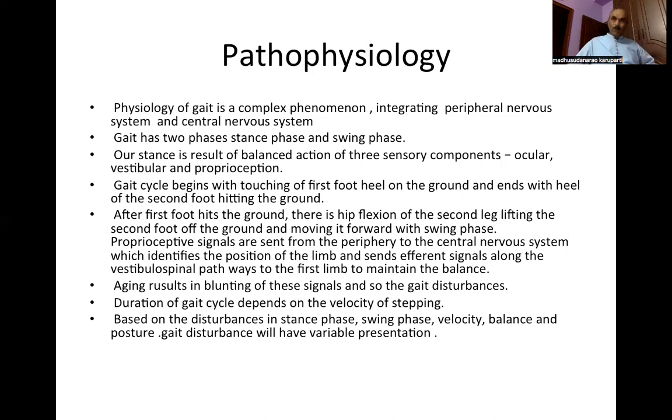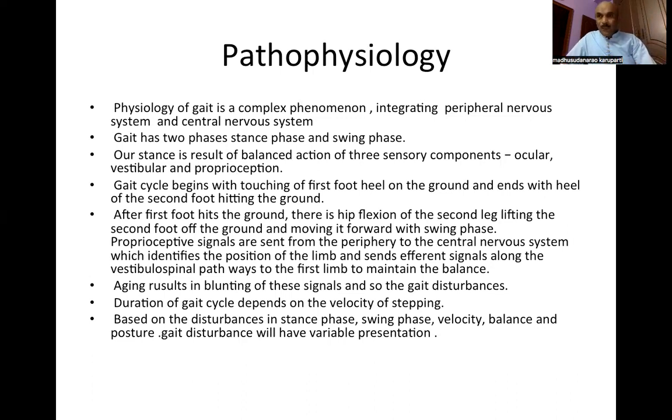And the sense of this movement is carried through the signals of proprioception to the higher centers, and a command is sent to the second leg in order to maintain this position at the stance position, and maintain the posture and stability of the body in space.